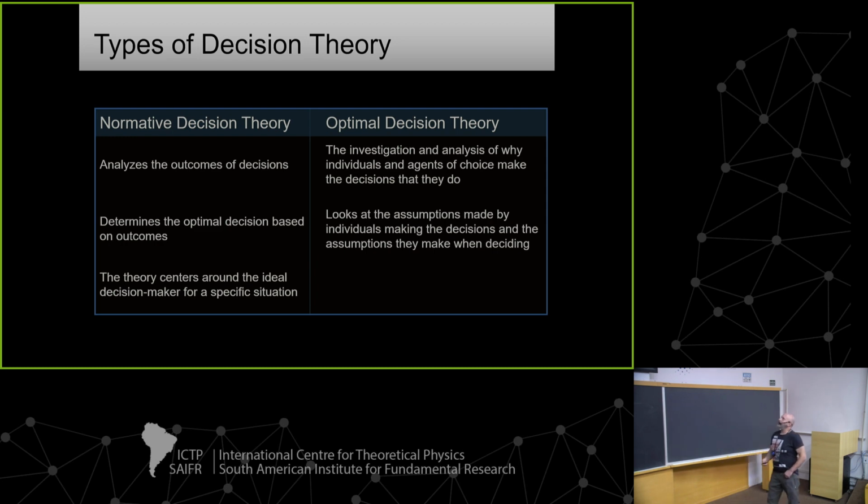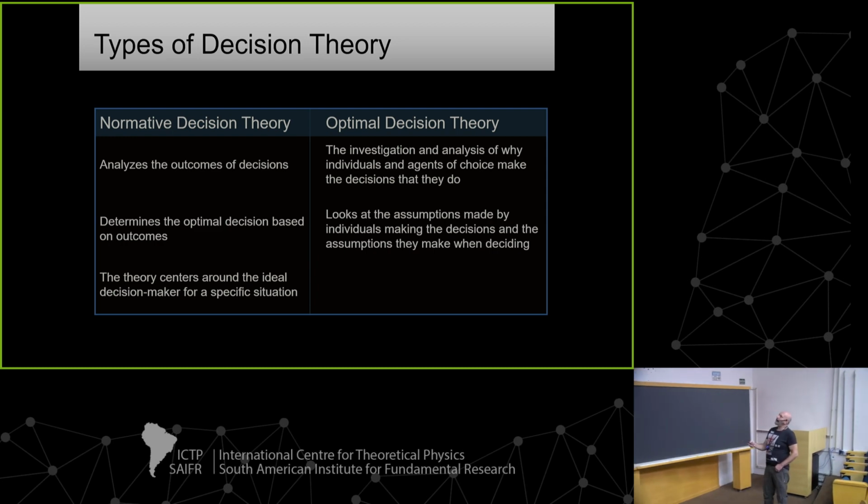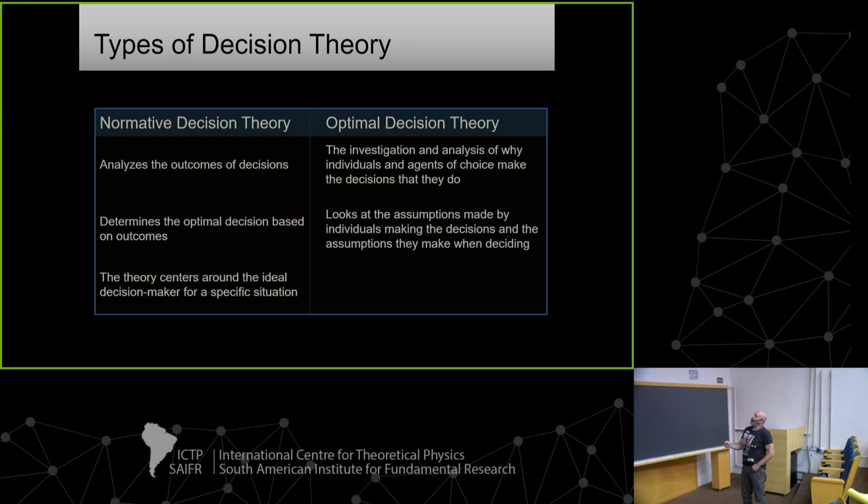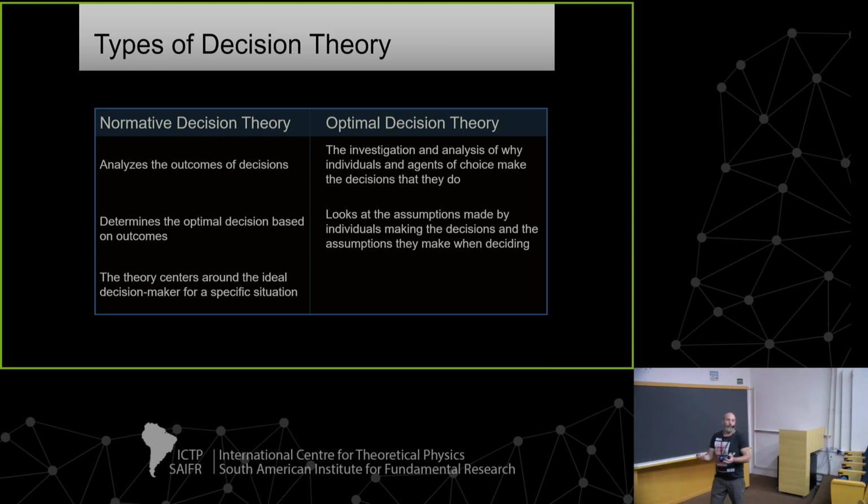On the other side, decision theory is the investigation of why individuals and agents of choice make the decisions that they do. So here I am trying to predict the decisions, and here I'm trying to understand the decisions. This will let me predict always within the frame of a rational individual. And here what I'm trying to do is to understand what has happened.